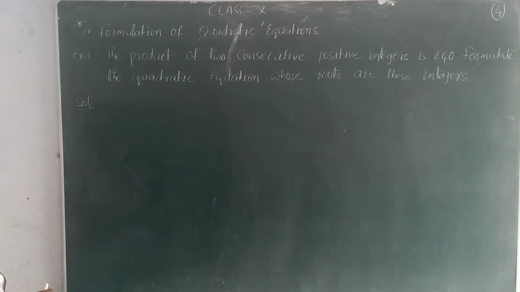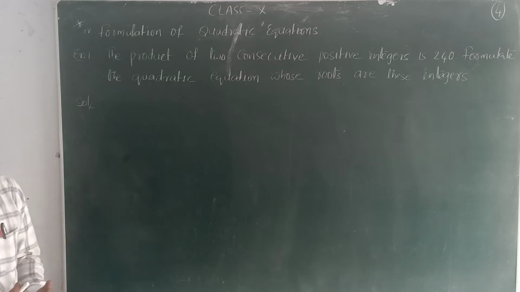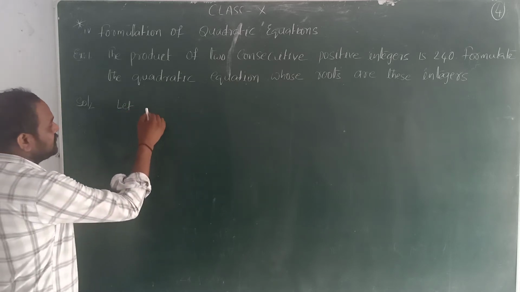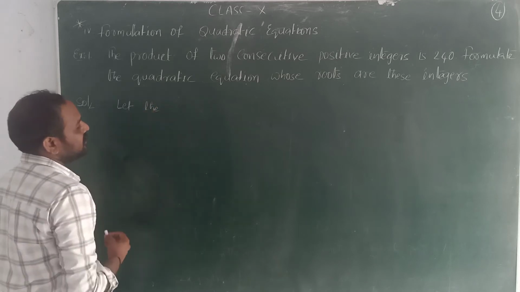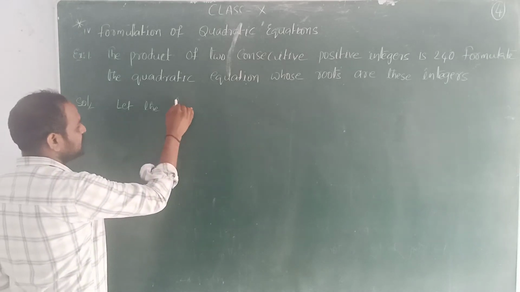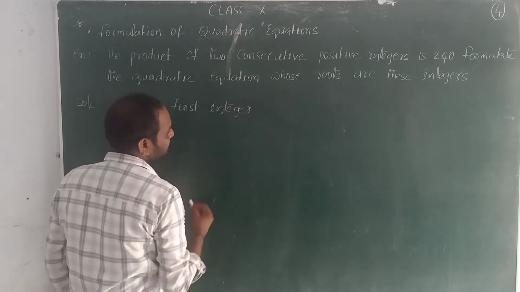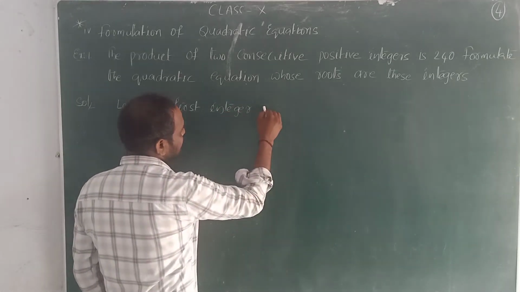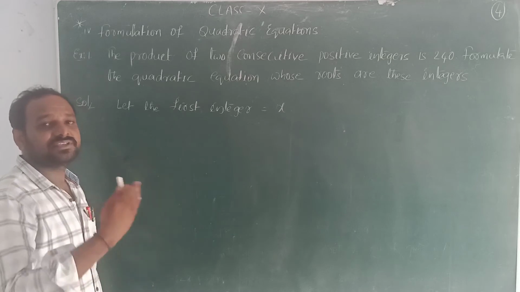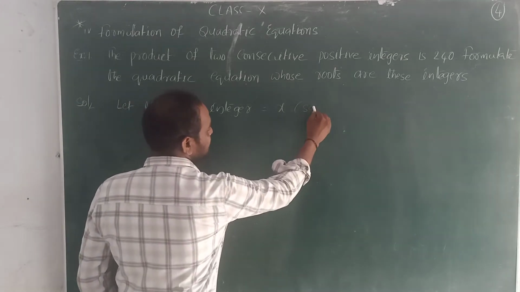First, what are those two positive integers? We don't know, so we have to assume. Let the first positive integer be x.